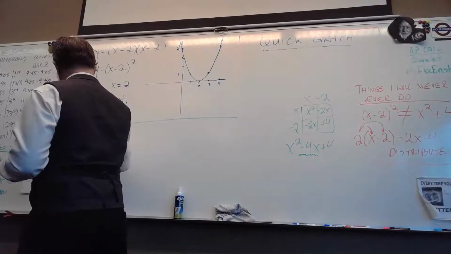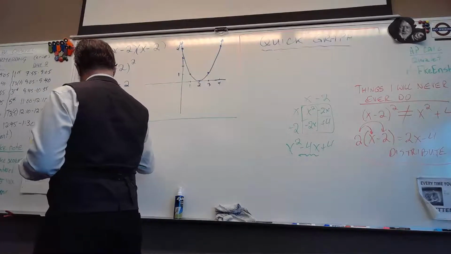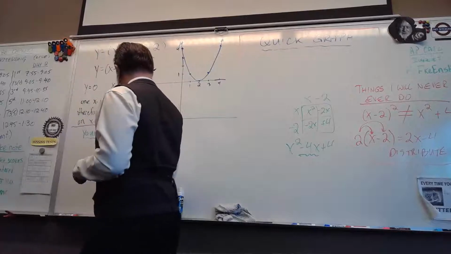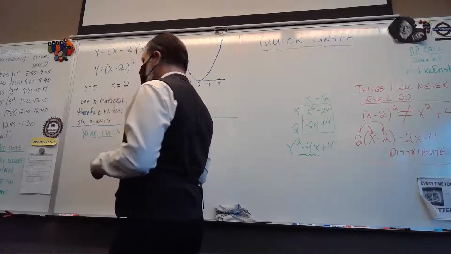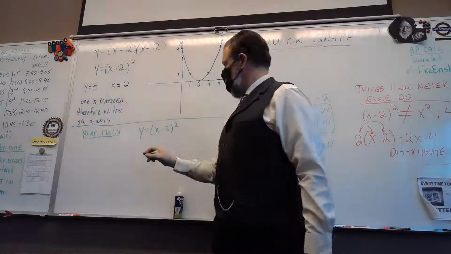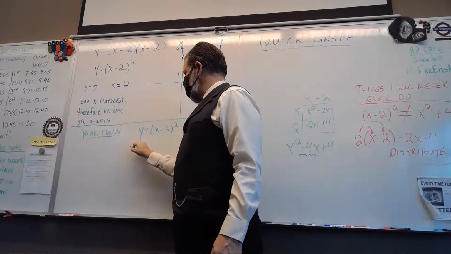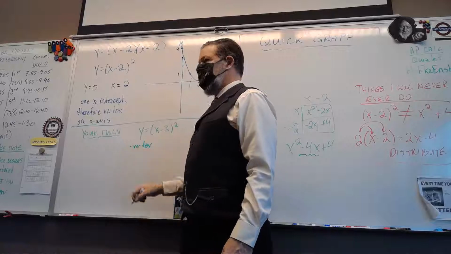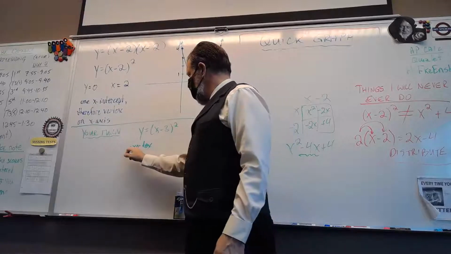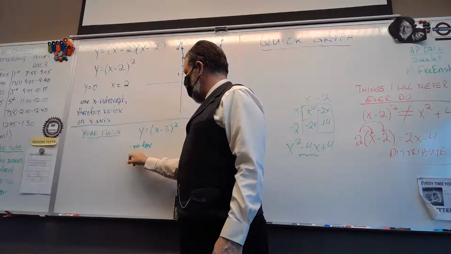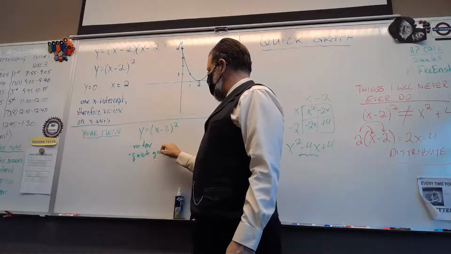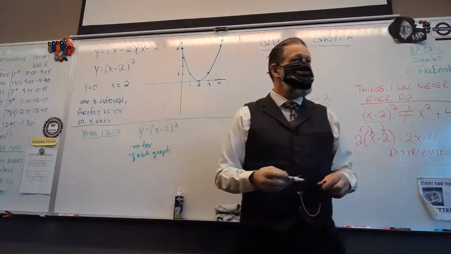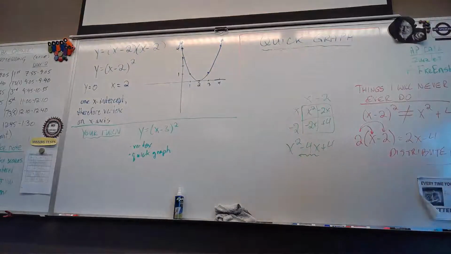Your turn. Y equals (x minus 3) squared. I want you to find the vertex. No calculators. Just think about what we've been doing and make a quick graph. Y equals (x minus 3) squared. Where's the vertex?